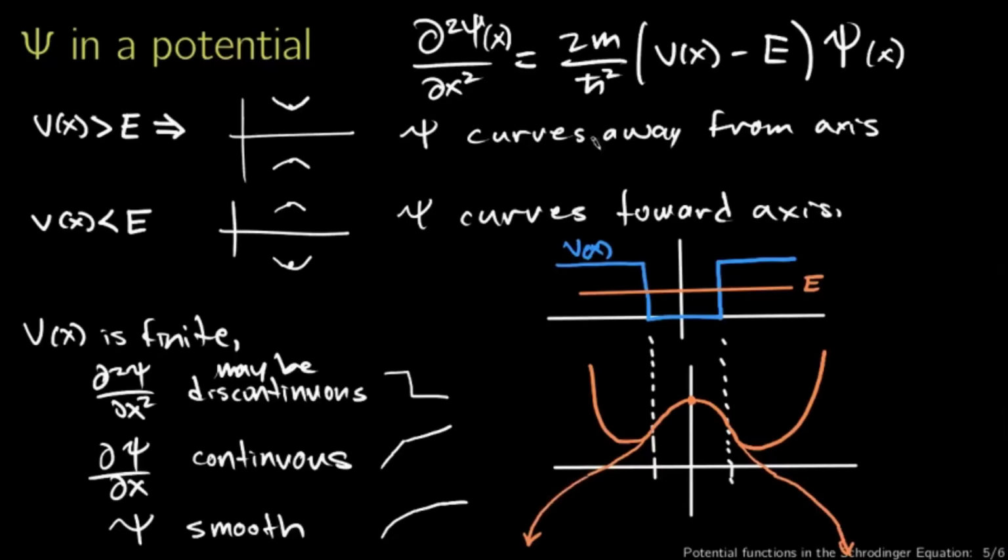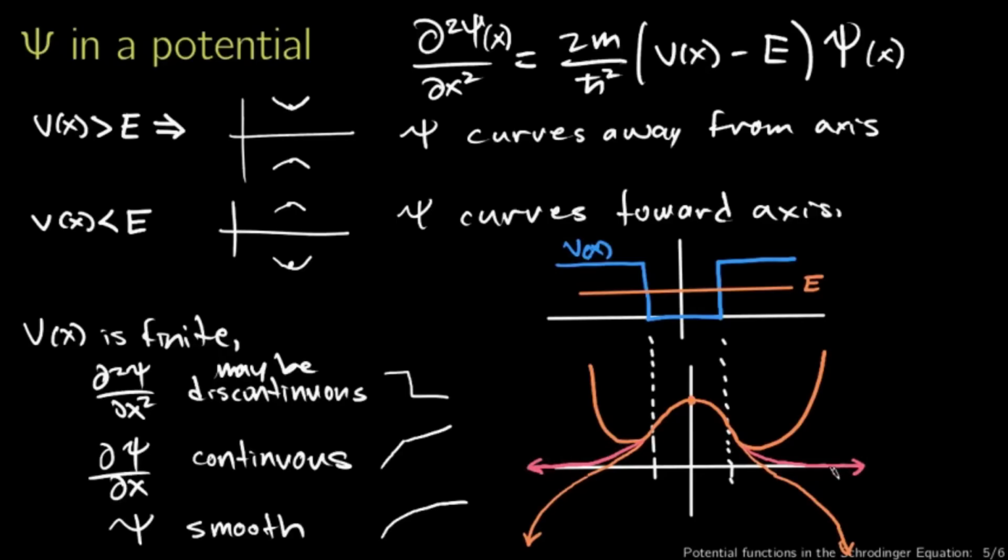It turns out that there is actually a state right in the middle, sort of a happy medium state, where psi curves and just kisses the axis. It comes towards the axis and reaches the axis with 0 slope and 0 curvature, and it's stuck.